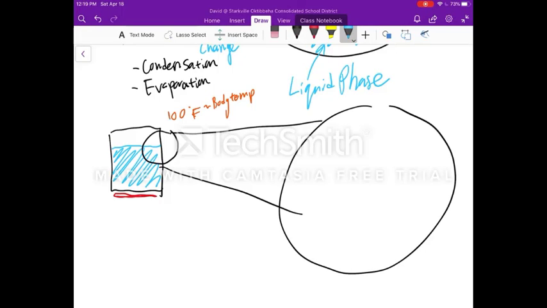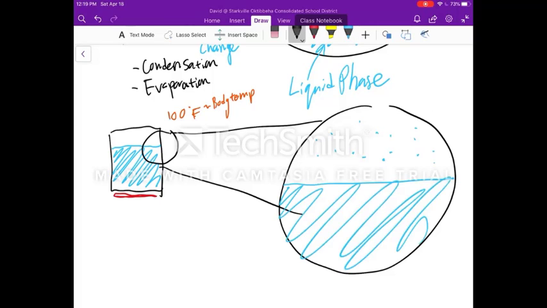Now at the surface, what we might see is a net evaporation rate that might be higher. So maybe we've got 6 water molecules leaving, and 4 water molecules returning.